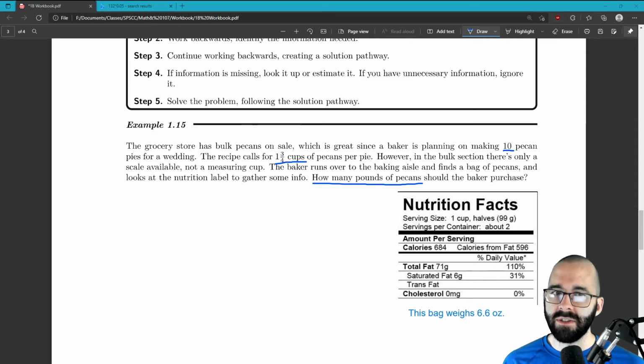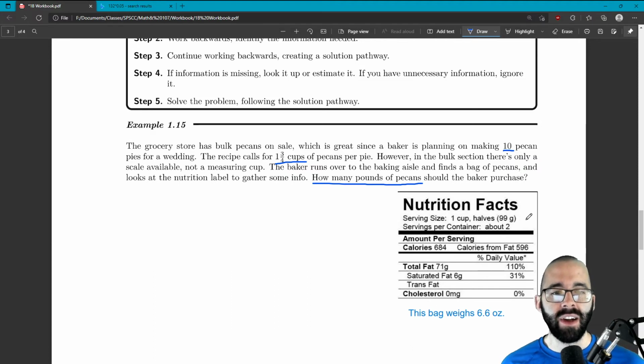So be very careful. It's tempting to say, oh, this is 1 cup. 1 cup of pecans is 6.6 ounces. But wait, I'm gesturing with my cursor. You can't see my cursor. There we go. It's tempting to say 1 cup is 6.6 ounces, but remember, 1 cup is the serving size, and there's 2 servings in this.